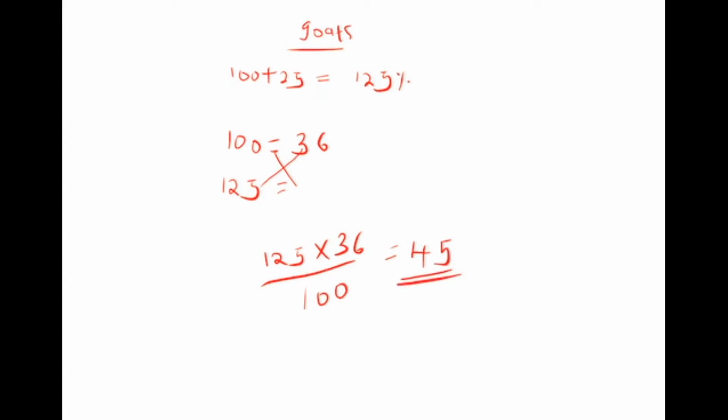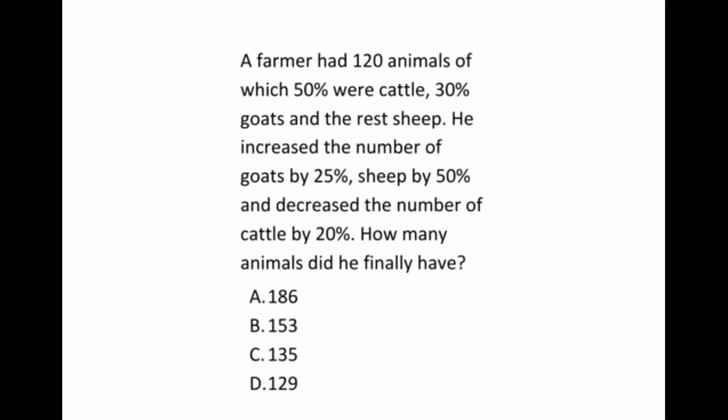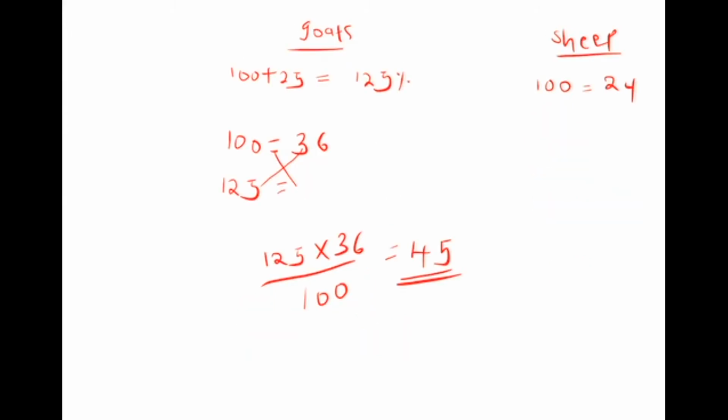Let us search for the number of sheep. The number of sheep here was 24, so 100% is equivalent to 24. And we are told that the number of sheep increased by 50%. Therefore, the new percent will be 100 plus 50, which is 150%.